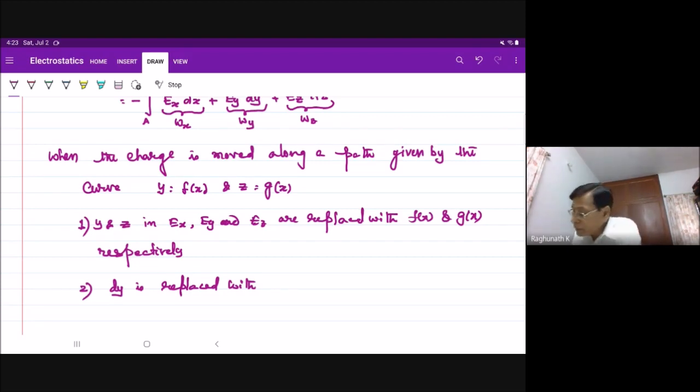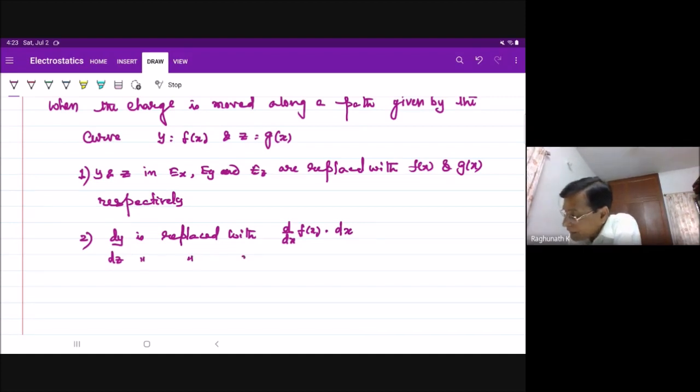So dy is equal to d by dx of f of x into dx. Check it once. f dash of x into dx.